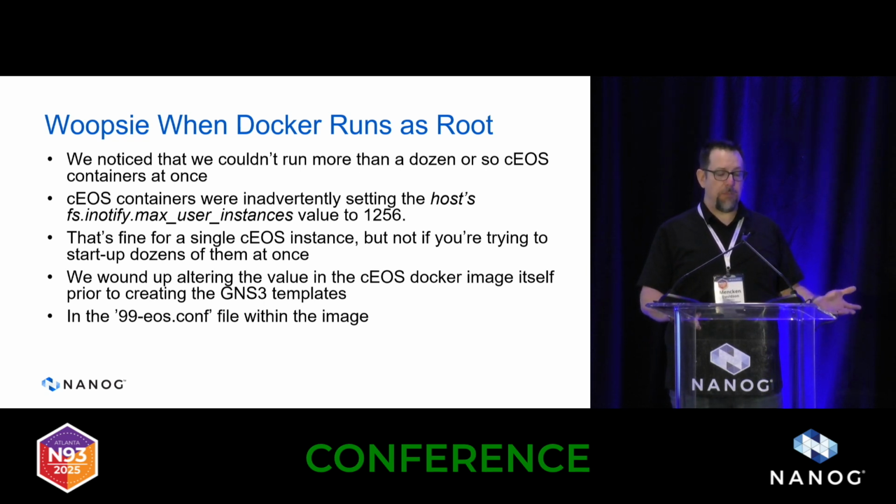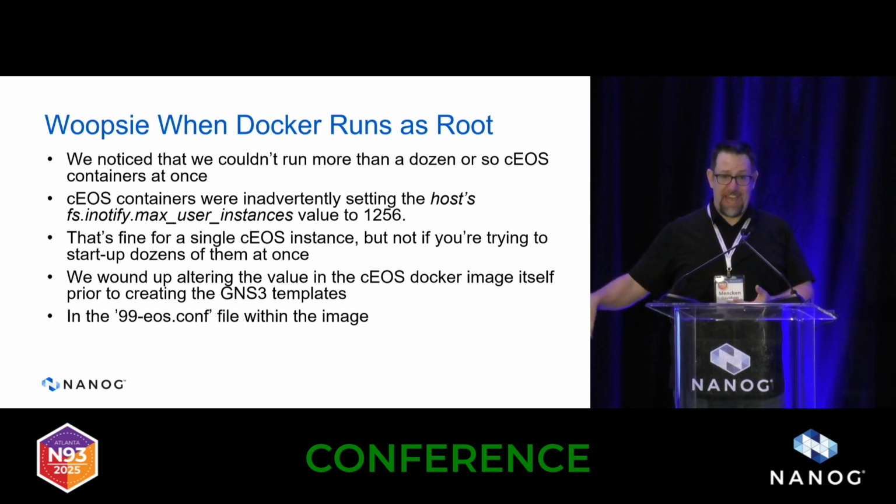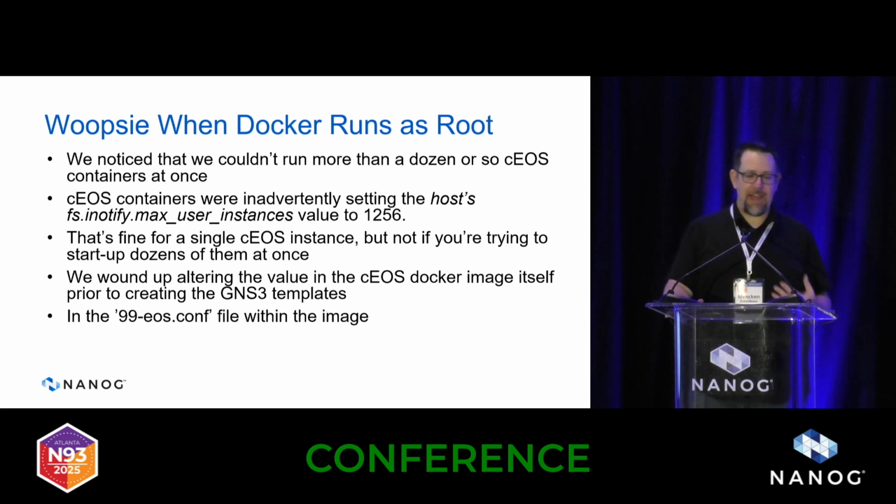But what we wound up doing was, instead of actually fixing our implementation of Docker in that environment so that the containers didn't have root access, or so that they could not impact the host setting, for reasons mainly involving internal siloing, we just, when we import Arista containerized EOS images into the local Docker repository, go in and modify that setting in the underlying Arista image.